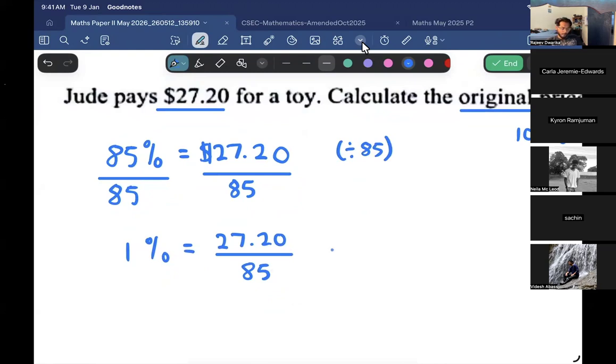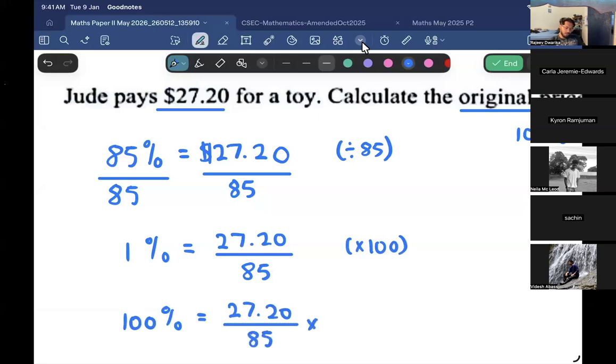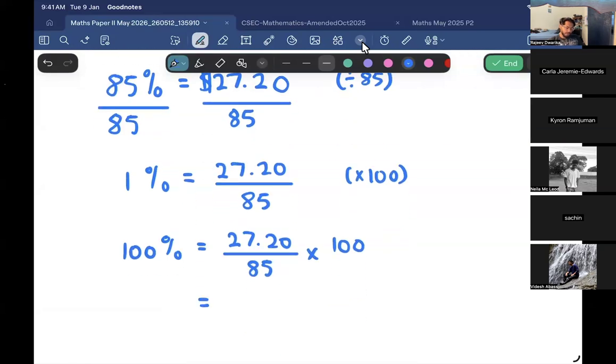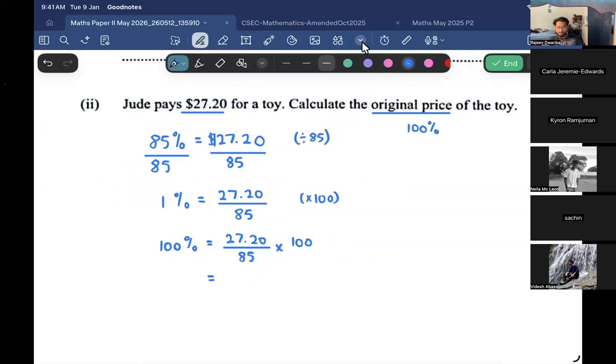You can just multiply it by 100, because 1% times 100 is 100%. So 100% would be $27.20 over 85 times 100. That's why it works. When you plug that into your calculator, you'll get the original price. Let me know what you get.